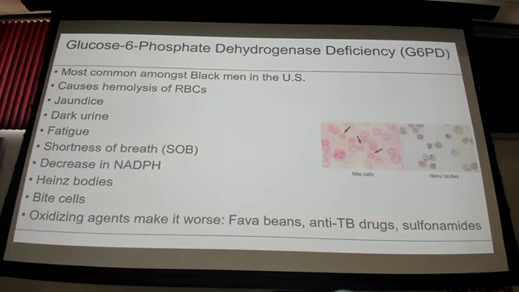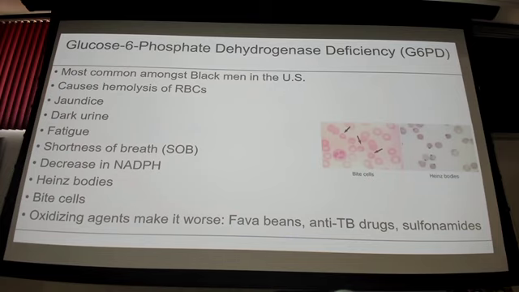So, G6PD deficiency is commonly found in Black African American men. Some people have symptoms, but as your classmate mentioned, some people don't. I didn't actually know that some people don't have symptoms until I did research about it, because I got asked the question.